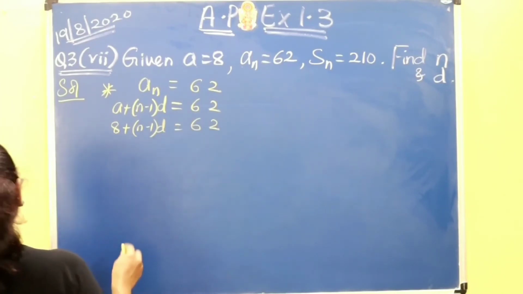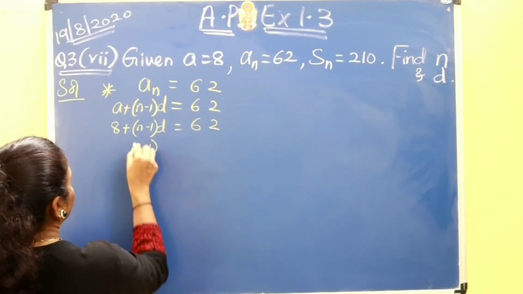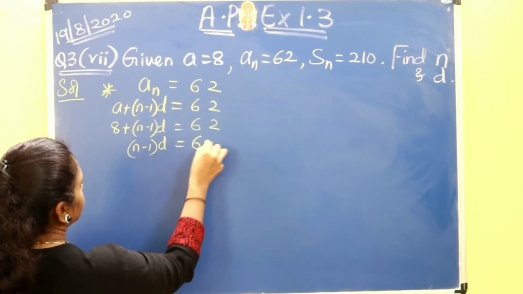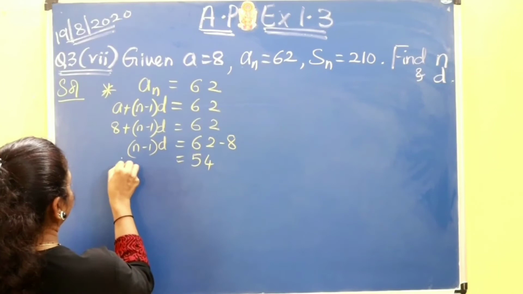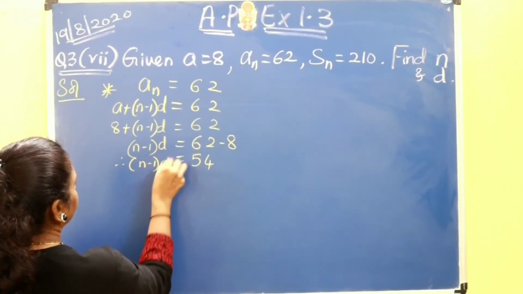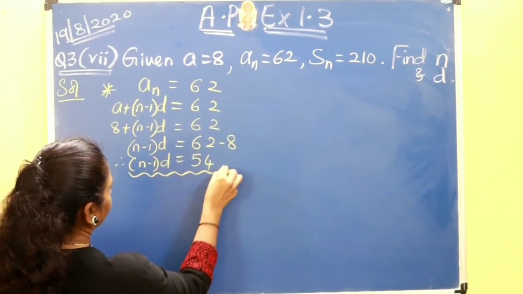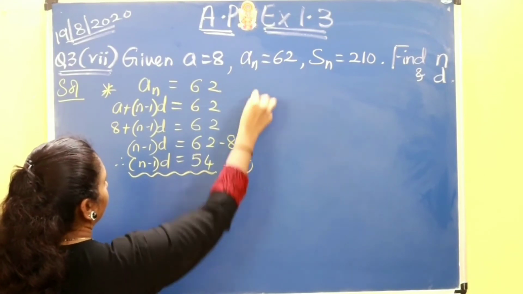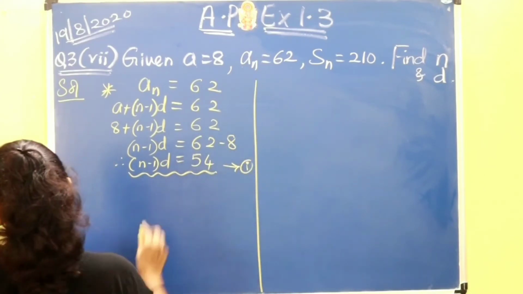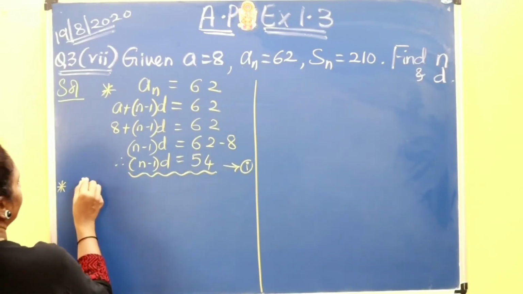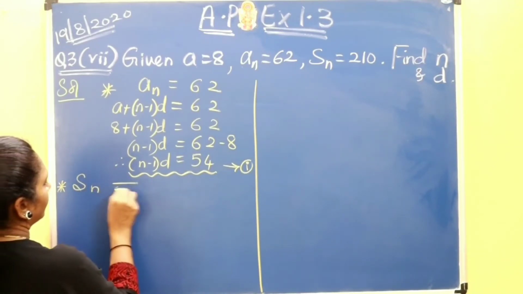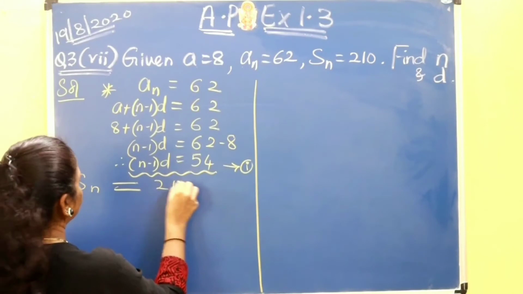So your n minus 1 into d is equal to 62 minus 8, you will have 54. Therefore, n minus 1 into d is 54. This is one thing which you have got. Now one more thing you have is Sn is equal to 10.